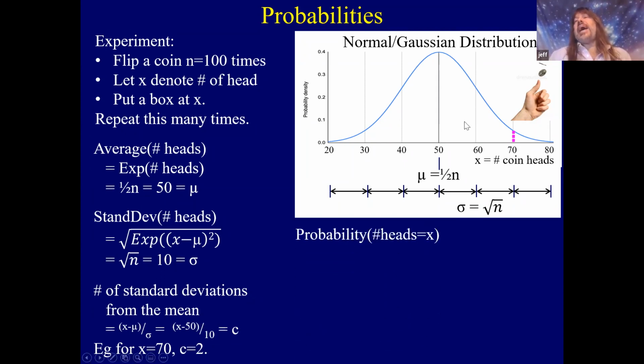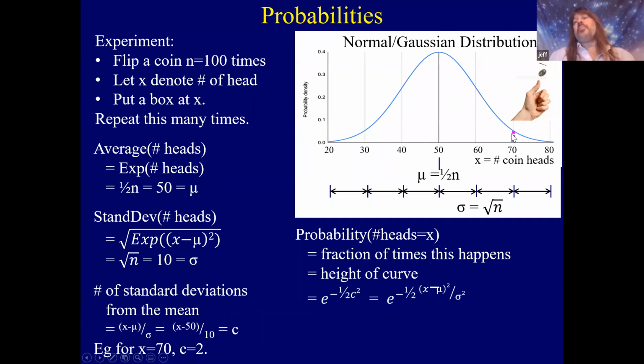And then you could ask, what's the probability that I got 70 heads? Here there are 3 little boxes divided by the number of boxes I had, and that is the probability. Also, if we make the area under the curve 1, then the probability is the height here.